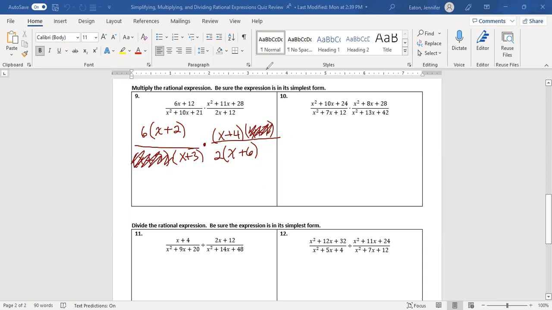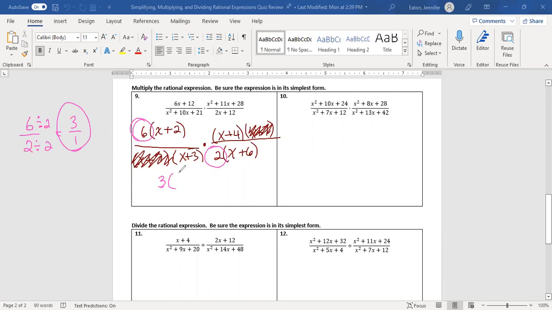Those can cancel. And maybe a little less common than we're used to dealing with is a 6 and a 2 on top and bottom. So I have a 6 on top and a 2 on bottom. That can reduce because they're both divisible by 2. 6 divided by 2 is 3, and 2 divided by 2 is 1. So you get 3 over 1, or just 3 on top.